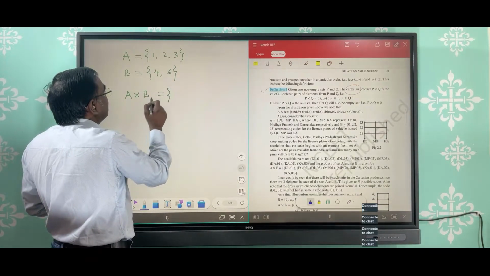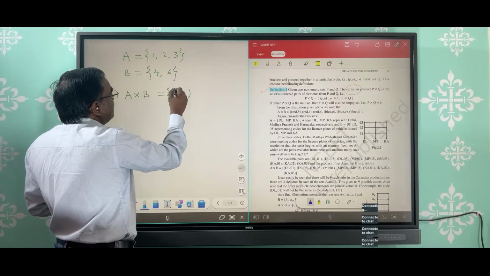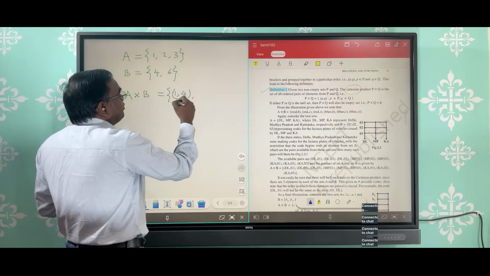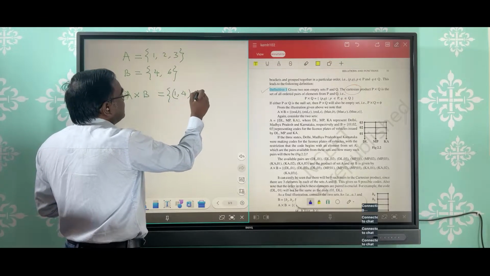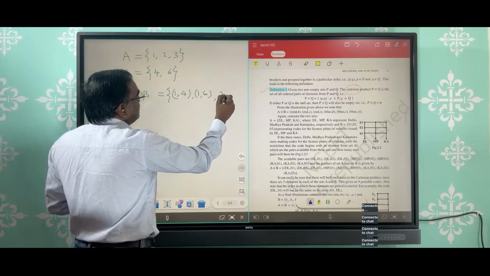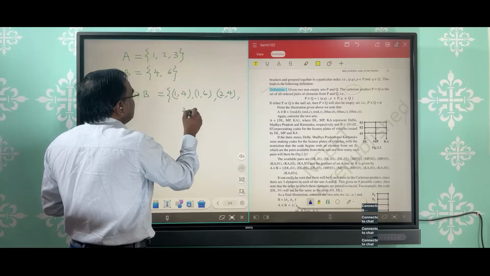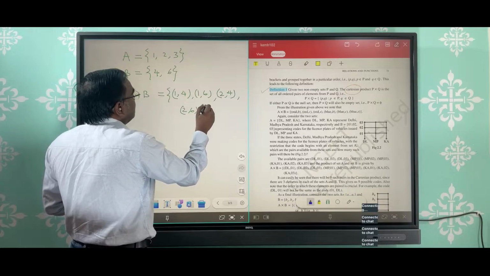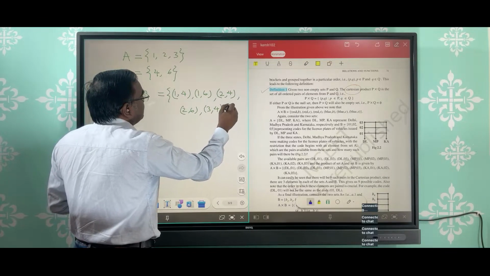A cross B: (1, 4), where 1 is the first element of this set A cross B, then (1, 6), (2, 4), (2, 6), (3, 4), and (3, 6).